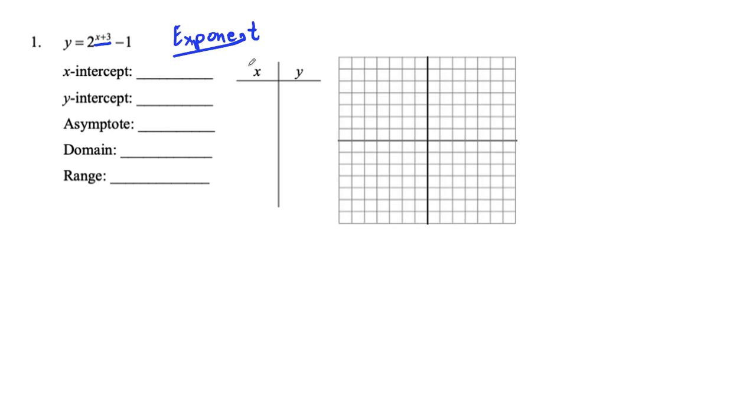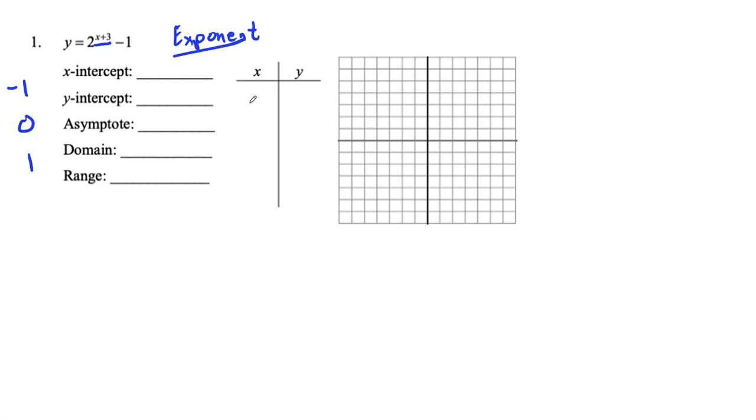Remember, as we go to plot points, we want that x value to be -1, 0, and 1. Remember how we talked about how we want to work with easy points, easy things for us to mentally calculate. What do I need to plug in for x to make this exponent a -1?